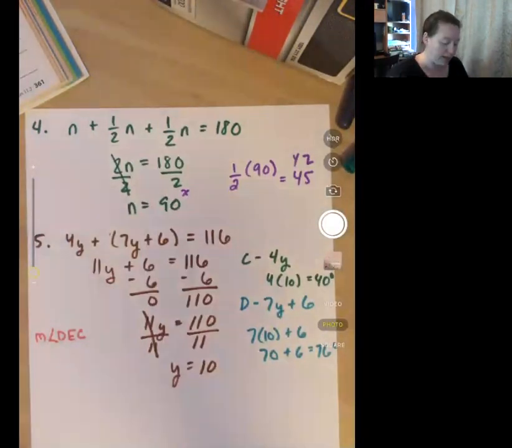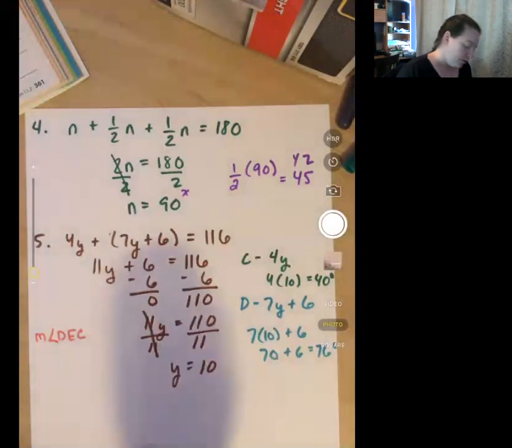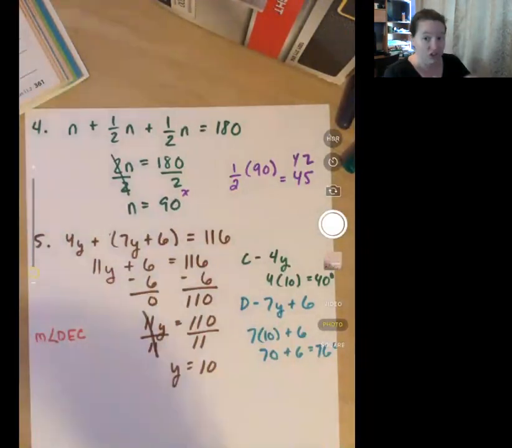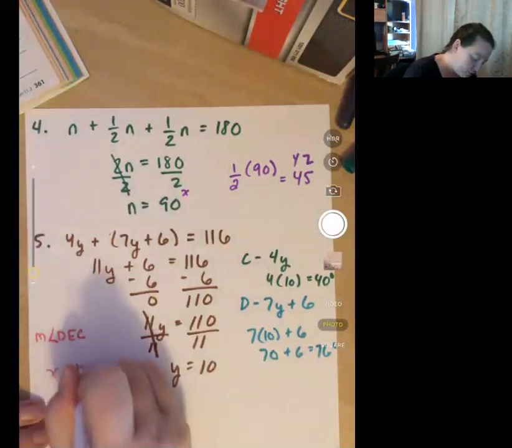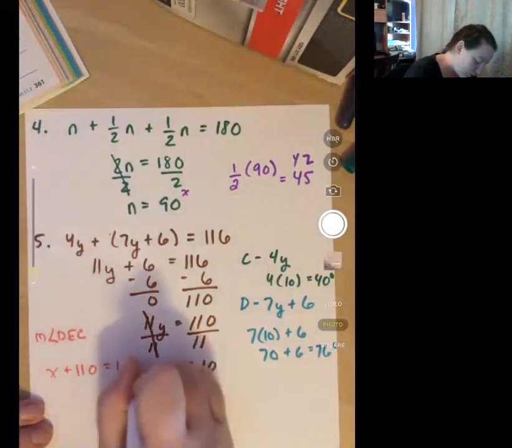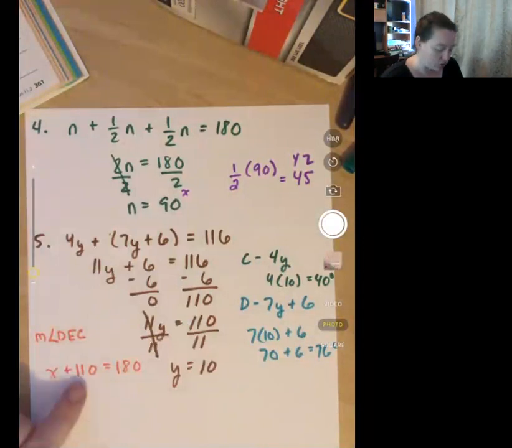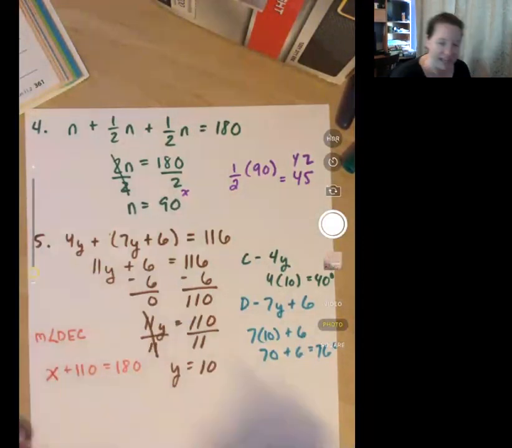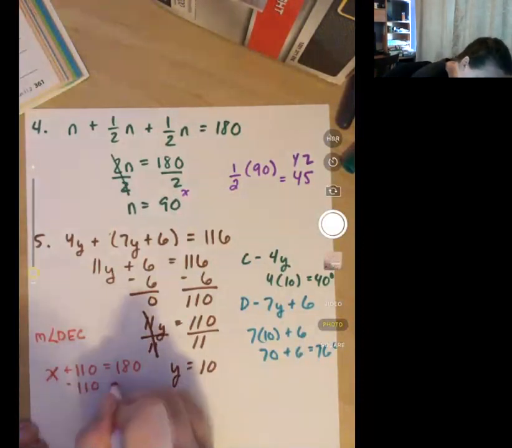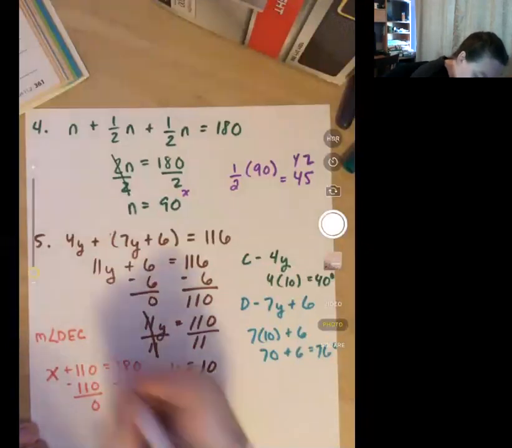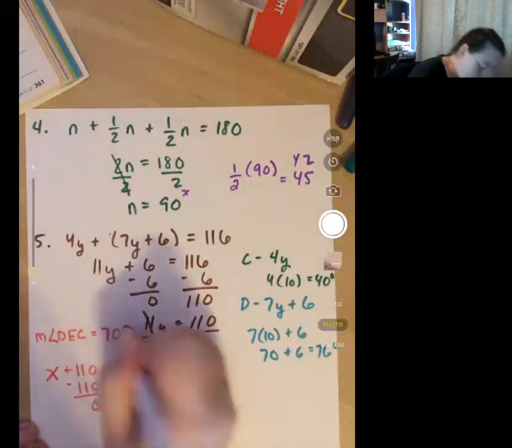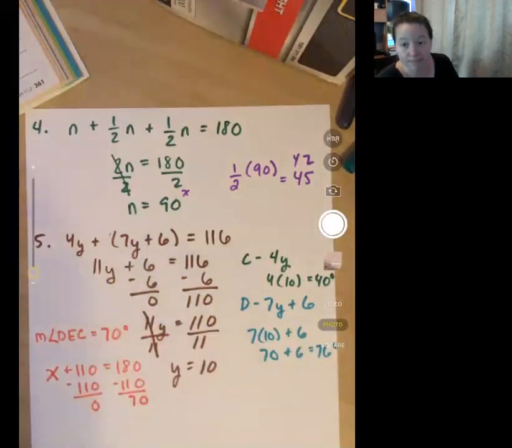I'm going to take what I know of a line being equal to 180, and go x plus 110 is equal to 180, because the 110 is the other half of that line. So I'm going to subtract 110 from both sides. I get a 0 there, and I get a 70 there. So I end up with that being equal to 70 degrees.